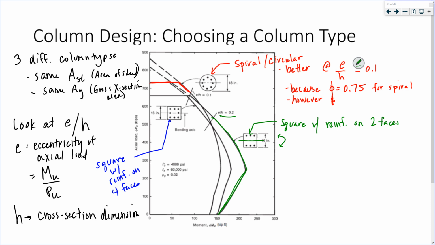A higher eccentricity means you have a higher moment load. And what's going to take care of that is if you have reinforcement concentrated on the two faces as opposed to distributing some on the other two faces.